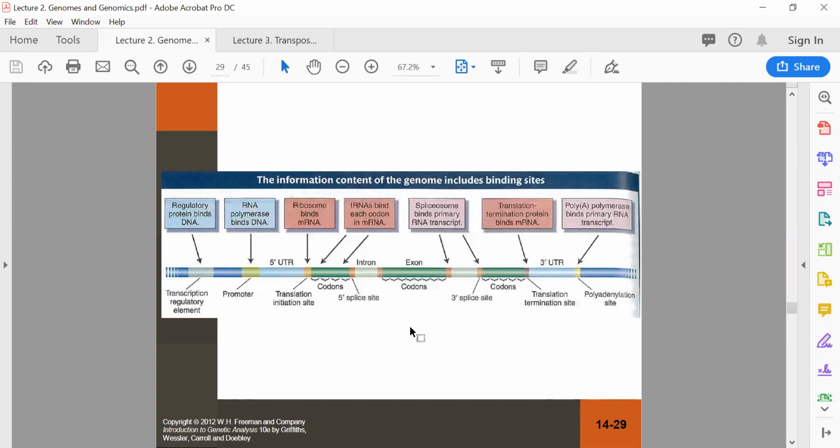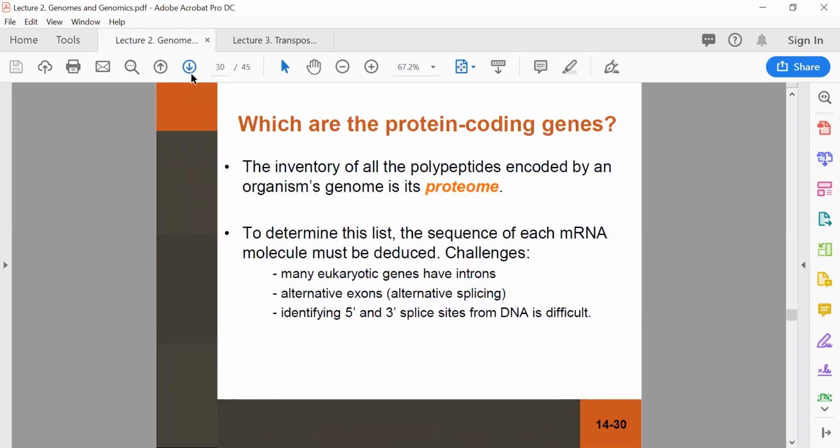And this is not even all of it. So when we consider a single gene, as we've just considered here, we can view it as a series of binding sites for different proteins and even different RNA molecules. So lots of information that needs to be deciphered from a genome sequence.